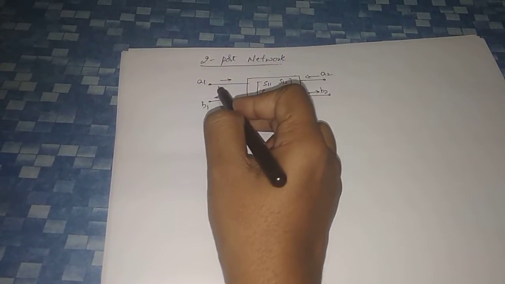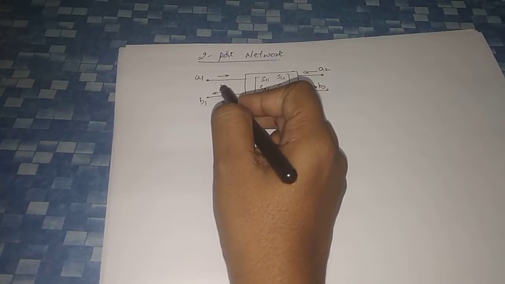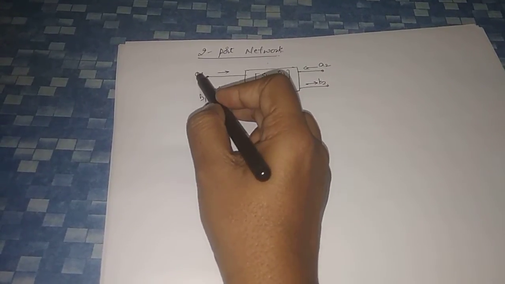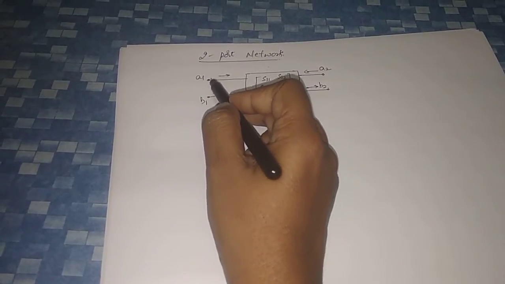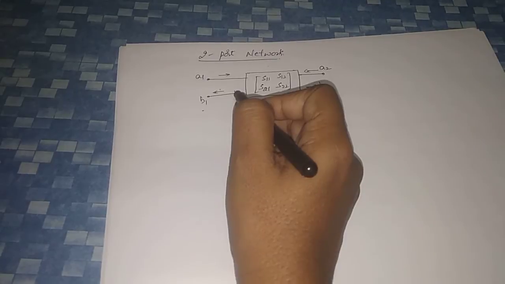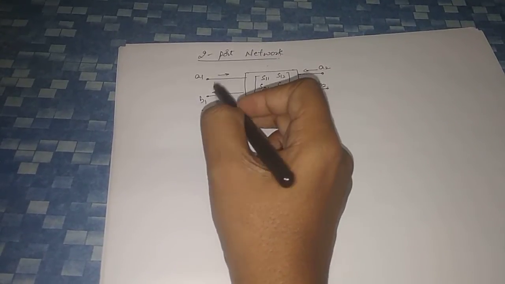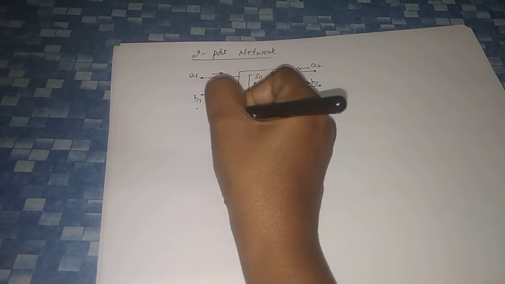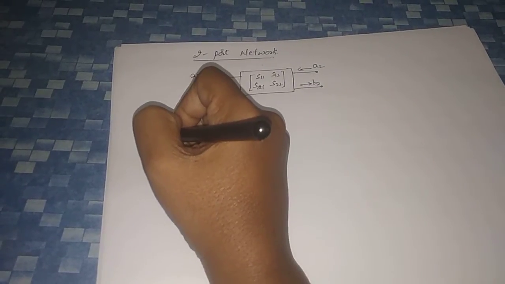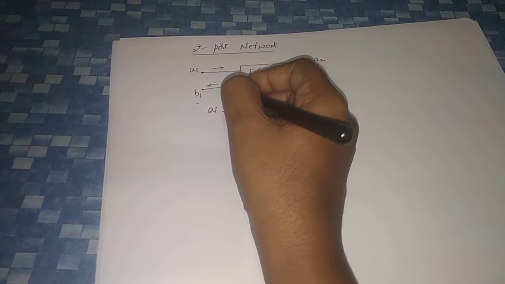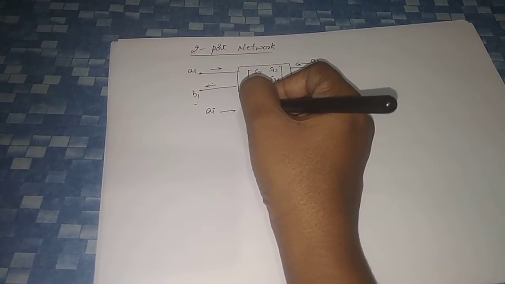The signal at port 1 can be thought of as a superposition of the two traveling waves, one each in opposite directions. This is A1 and B1. So we have taken two nodes here, 1 and 2. I'll take the variable Ai for an n port network.